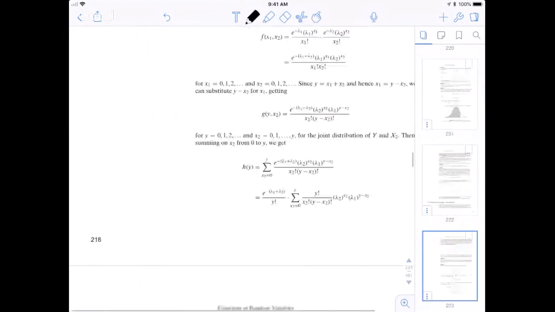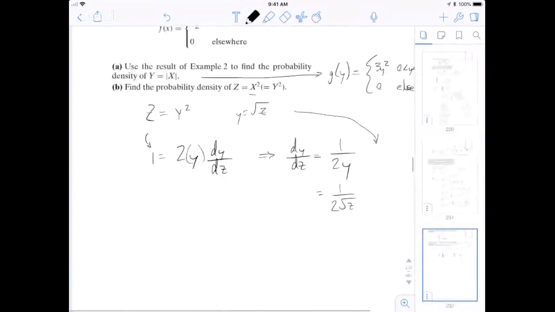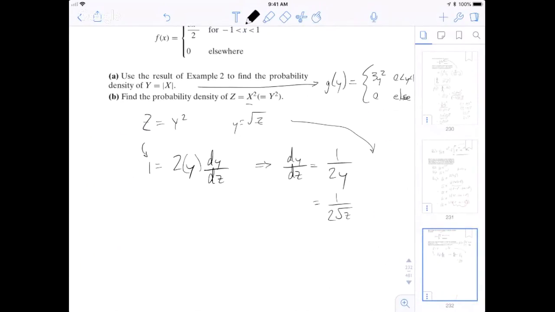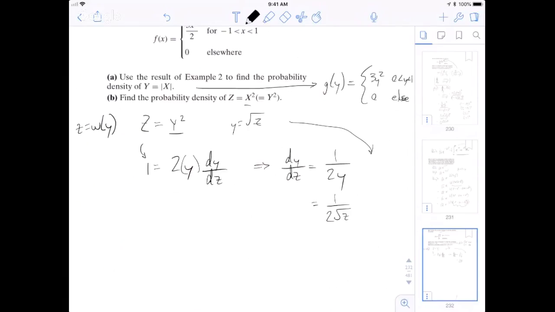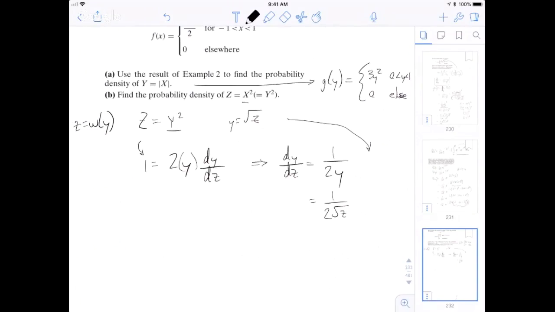So if we go down to our work now, just to label some of those pieces so they look familiar. Z is w of y, and w of y is just y squared. And then we take its derivative, so we've got dy/dz. I think all we need to do is plug this in. So h of z is going to be g of this function solved for y.